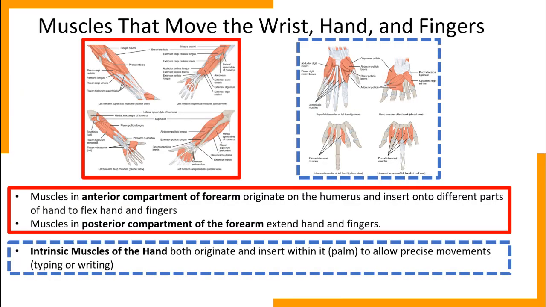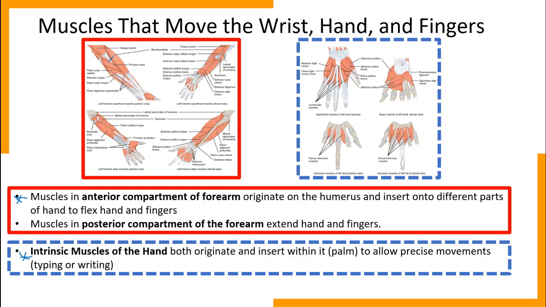Again, muscles that move the hand and the wrist. What I suggest you do for this is, if you actually look at your hand, put your hand out and touch the muscles in the anterior compartment of your forearm, right?